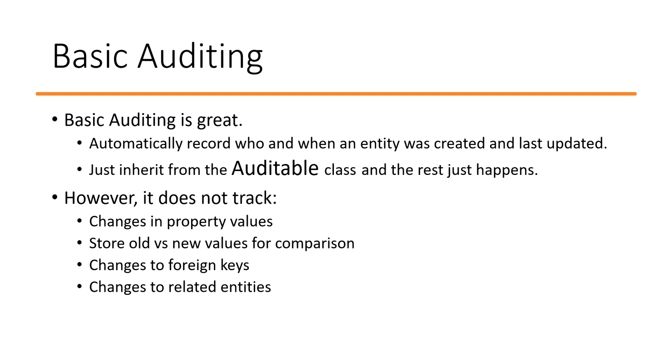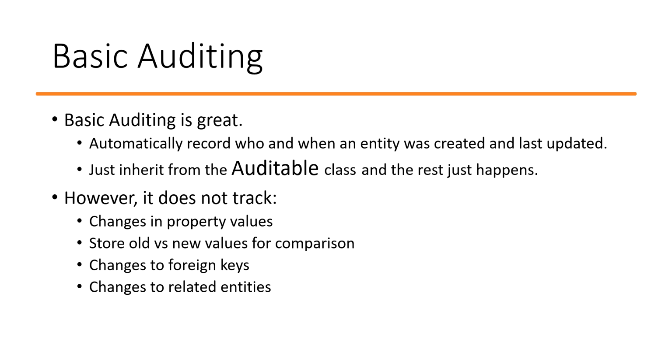That would be very helpful. Think of a banking system, right? You go and you make a change to information in someone's bank account, right? Obviously they want to know, okay, what was it before and what was it after, who did it, et cetera, right? Things like changing foreign key values, right? That's something as well that is in particular very important. And of course, any other changes to related entities.